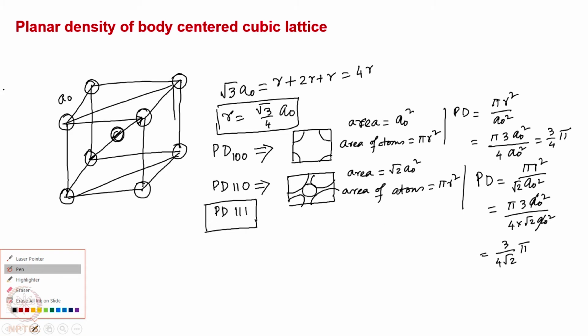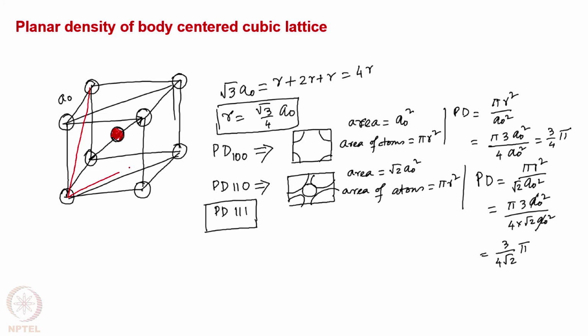Although this body center atom, which is at half, is located at the center of the unit cell, this atom does not have its center on the 111 plane. It does not lie on that 111 plane, it rather lies slightly above the 111 plane.